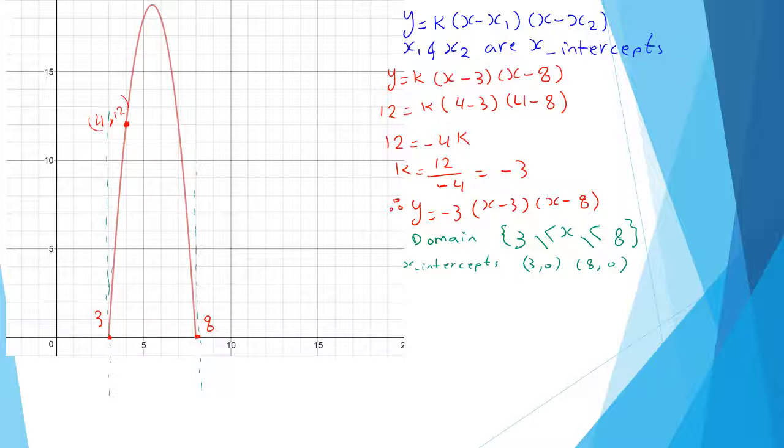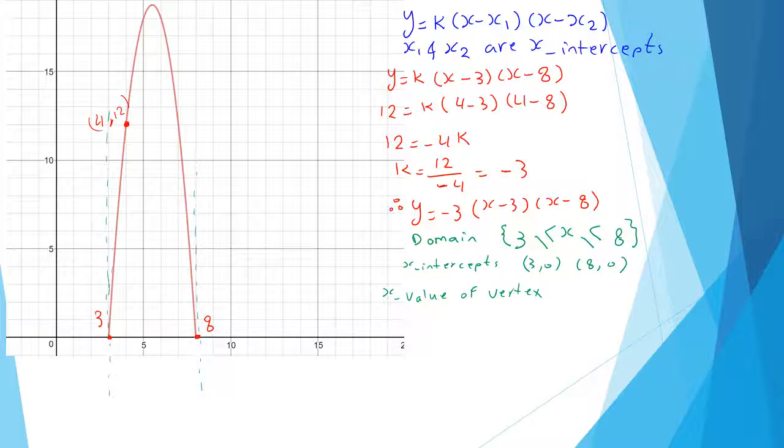You can also calculate the vertex if you want. To calculate the vertex, we said the x value of the vertex is the midpoint between the two x-intercepts. This is just to write the features.